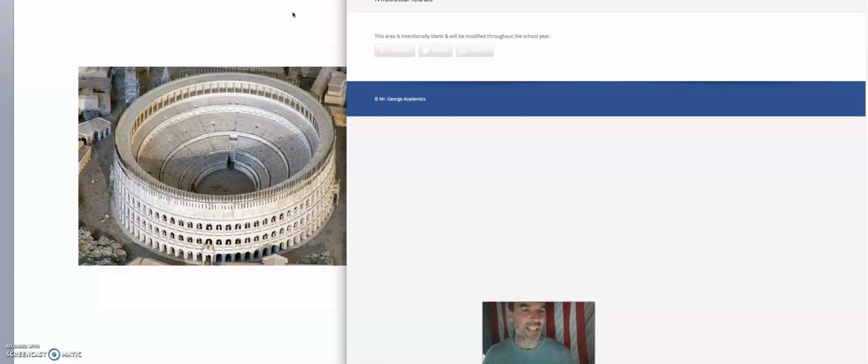If you had to analyze this document, there are no words. At face value, yes, it's a building, a structure.